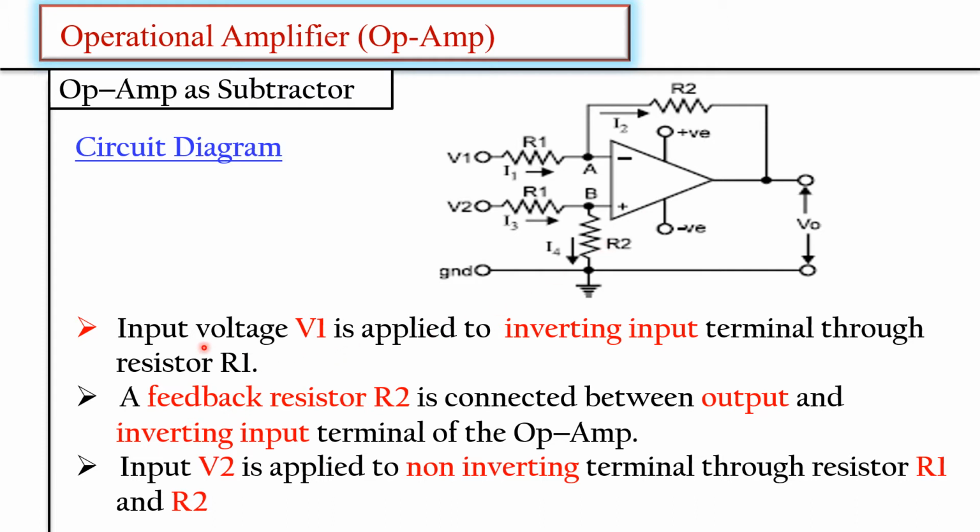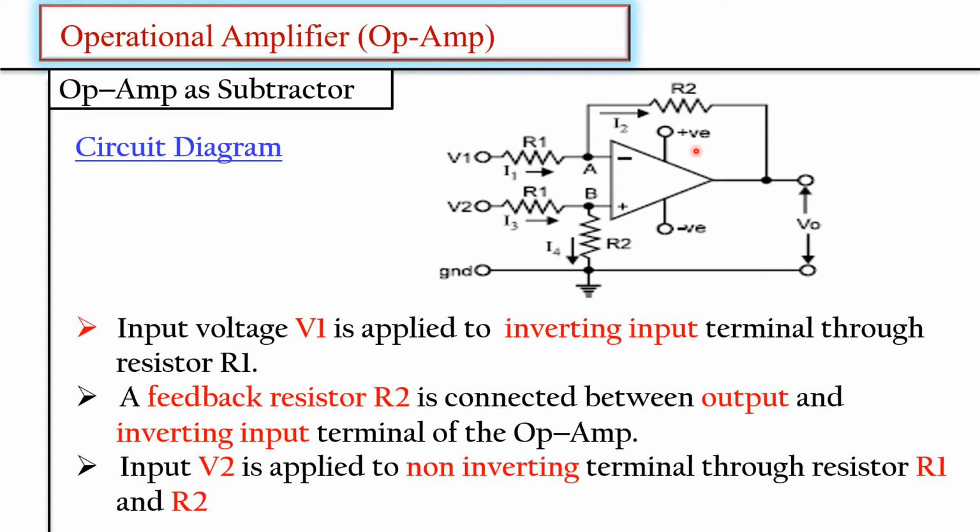Input voltage V1 is applied to the inverting input terminal through resistance R1. The current flowing through this is I1. A feedback resistance R2 is connected between the output and the inverting input terminal of the op-amp, and the current flowing through that is I2.